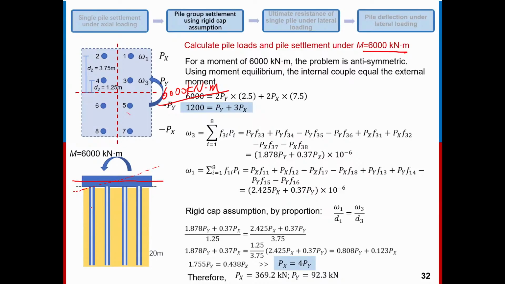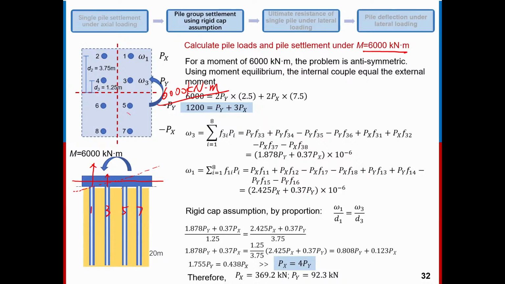And if this is pile 1, pile 3, pile 5, and pile 7, we can imagine that the force of pile 1 to the rigid cap will point upward, right? Because the rigid cap is going to rotate like this, we will have an upward force from pile 1. Then for pile 3, we will have another upward force.